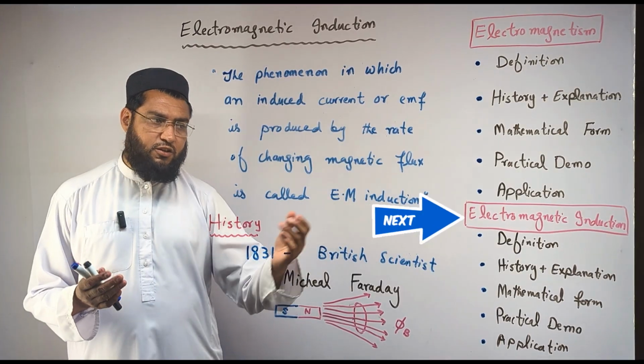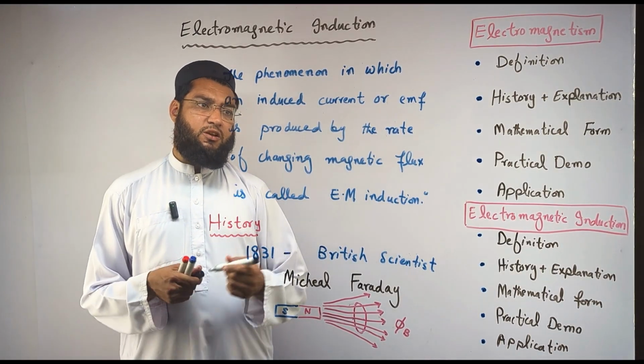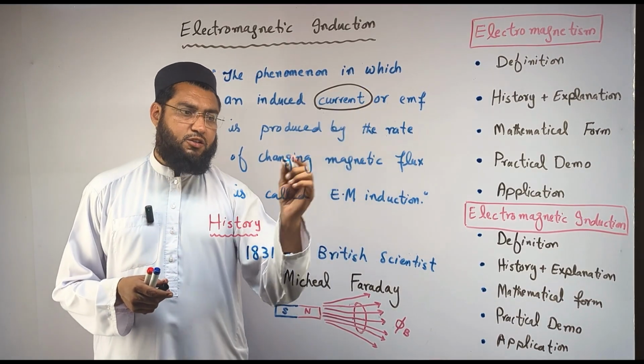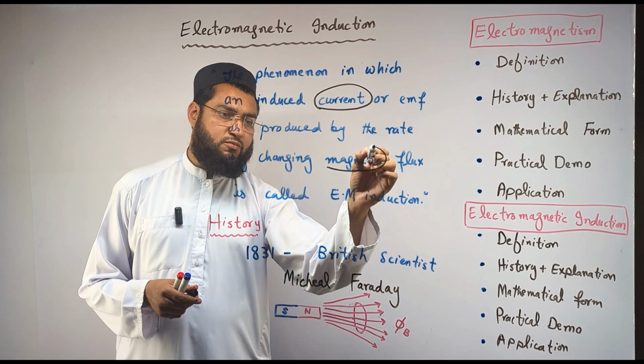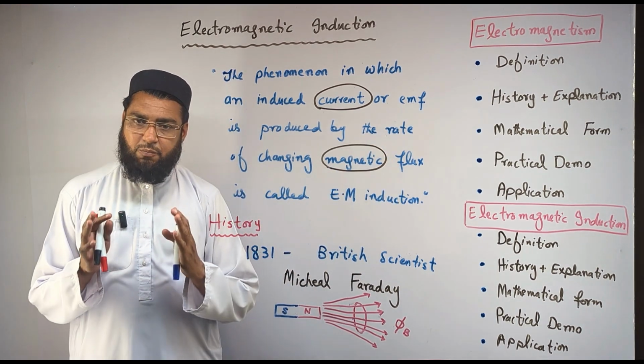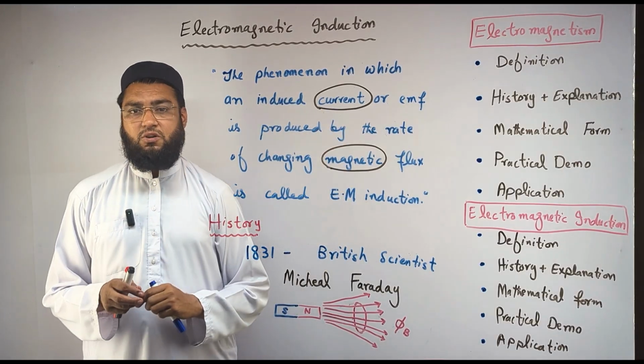This is the next lecture, electromagnetic induction. The definition is the phenomenon in which an induced current or EMF is produced by changing magnetic flux is known as electromagnetic induction. Simply we can say that a magnet will produce a current. How?